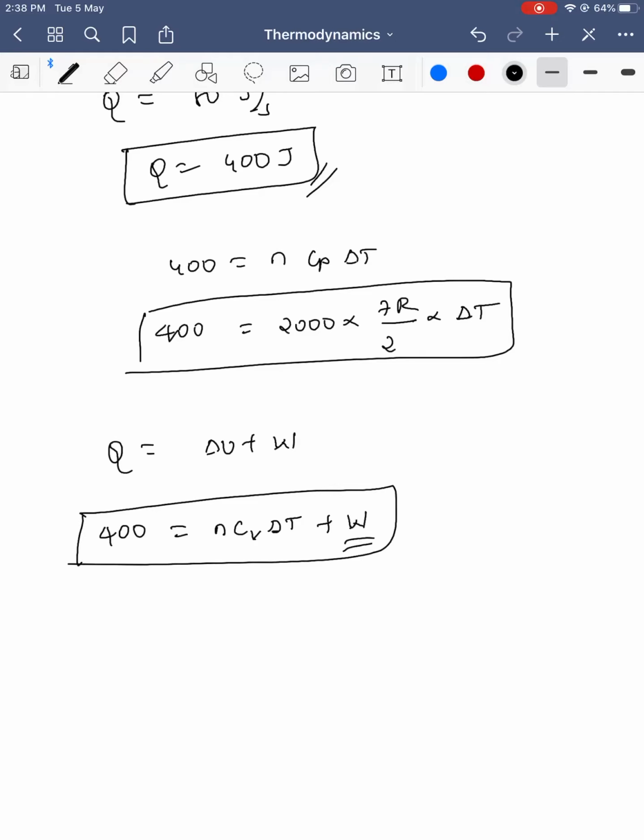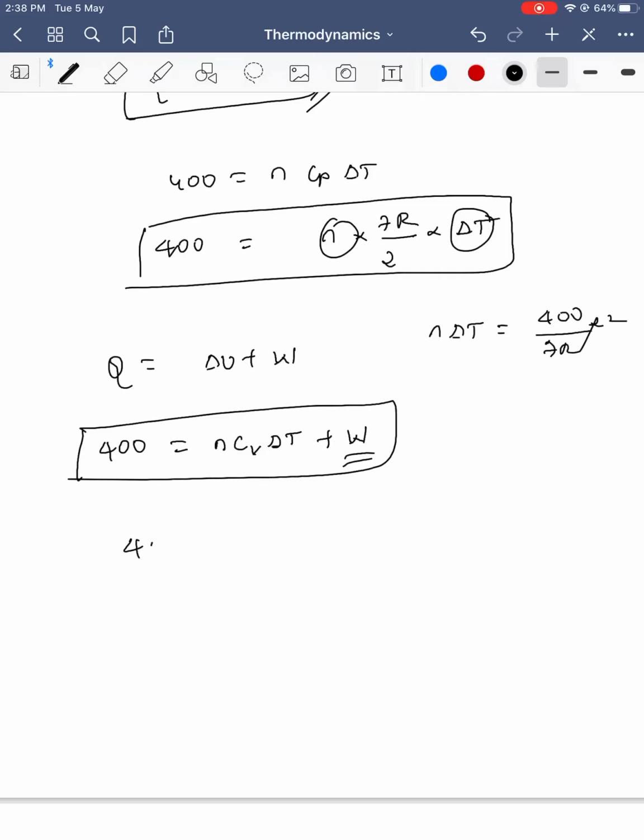Okay, let me simplify. Just keep n into delta T aside. n into delta T is equal to 400 by 7R into 2. So when I substitute, 400 is equal to n into delta T, 400 by 7R into 2, Cv is equal to 5R by 2, plus work done.